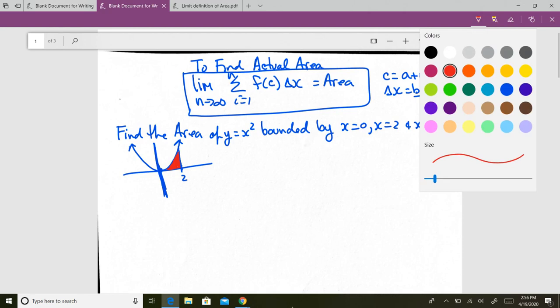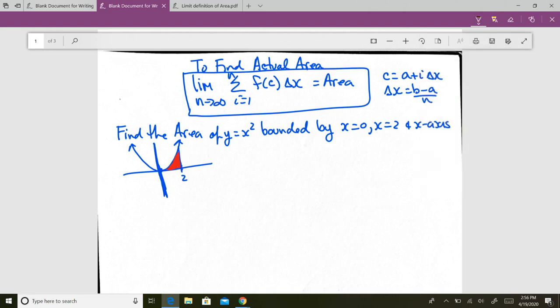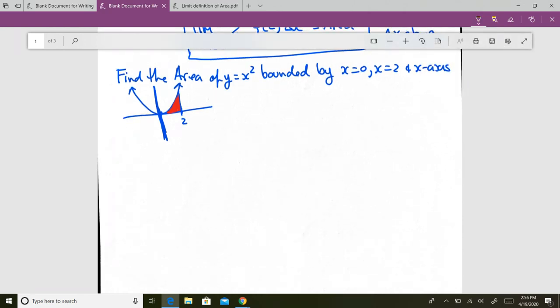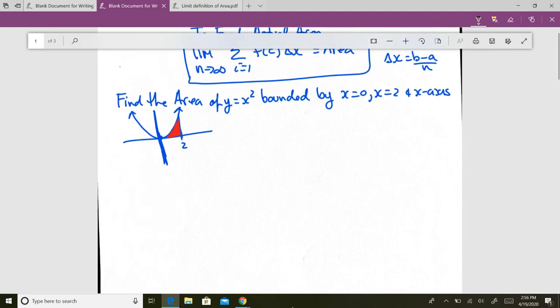Okay, so let's do this. We'll do it in black. First thing is find your delta x. That is b minus a over n. So 2 minus 0 over n, so it's just 2 over n. There's delta x. Easy. Next thing, find your c value.